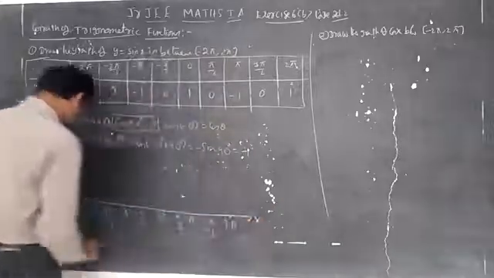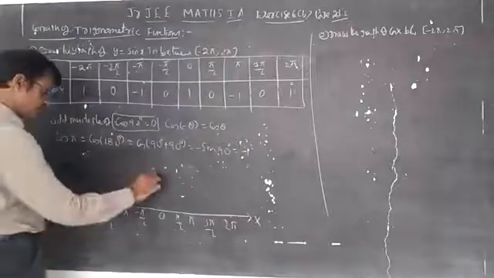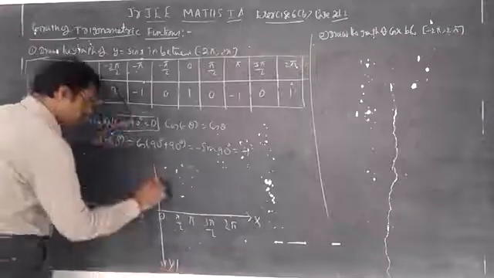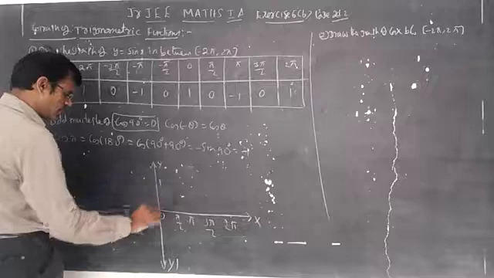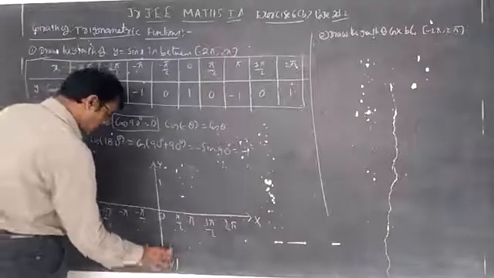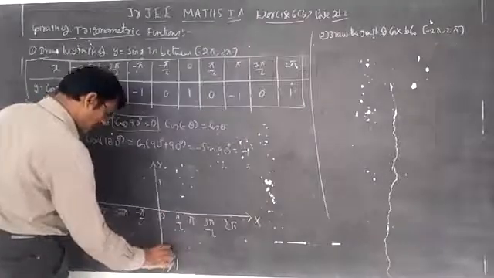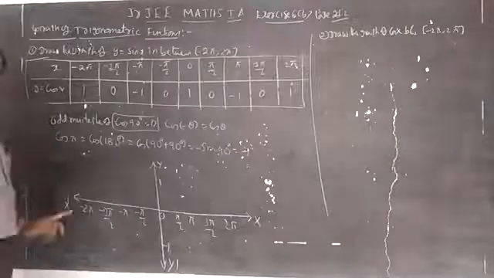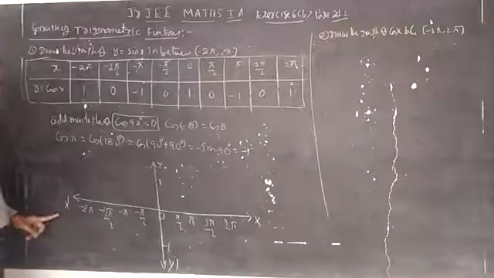This is x-axis, this is x dash. This is y dash, this is y. Put here 1, this is the maximum value 1, and the minimum value minus 1. Minus 1 is on the negative side and 1 is on the positive side. Substitute the values here, get the graph.